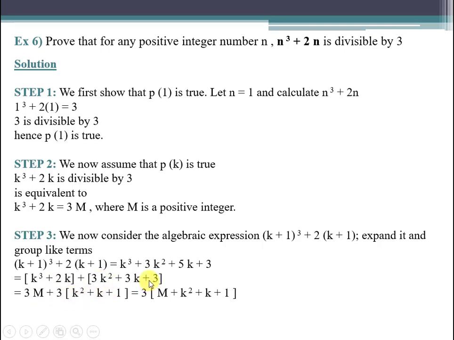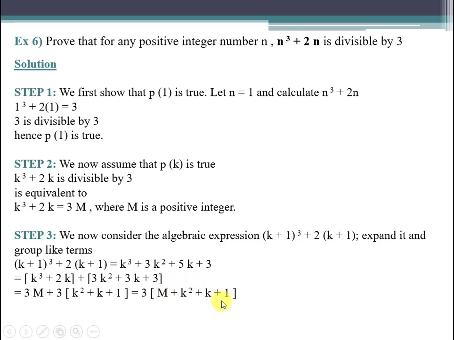We can take 3 out of the bracket, and we have 3 times (k squared plus k plus 1). So we have the common factor 3, and it will be 3 times (m plus k squared plus k plus 1).